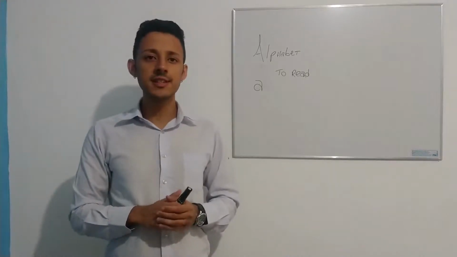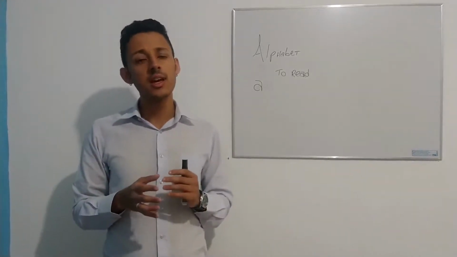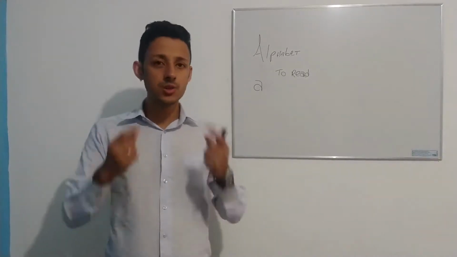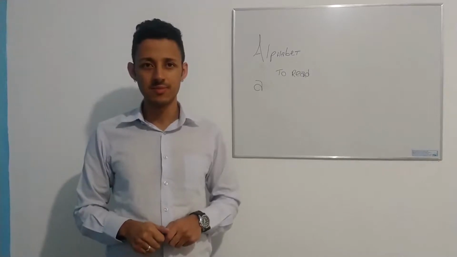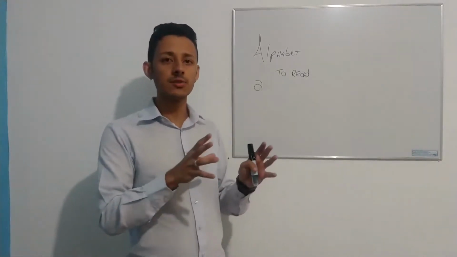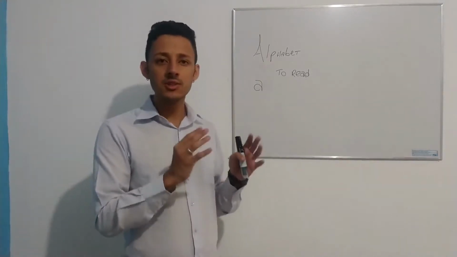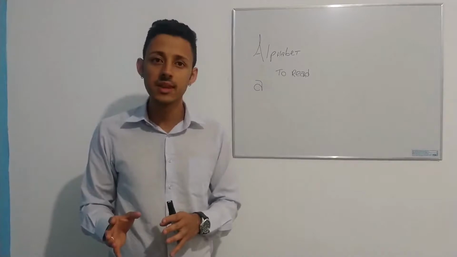So, if you study the alphabet in the beginning of your course, it will not help you to read or to speak better English, because in English, the sound of the alphabet is not like the sound of the letters in the words.